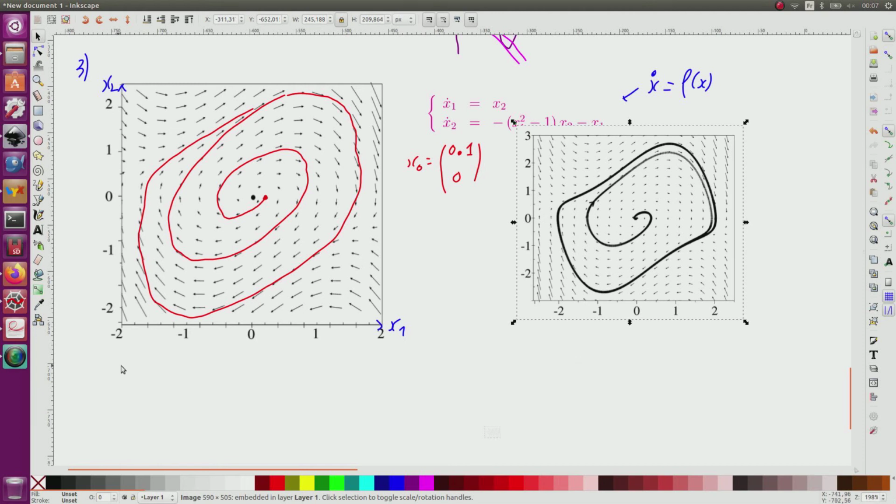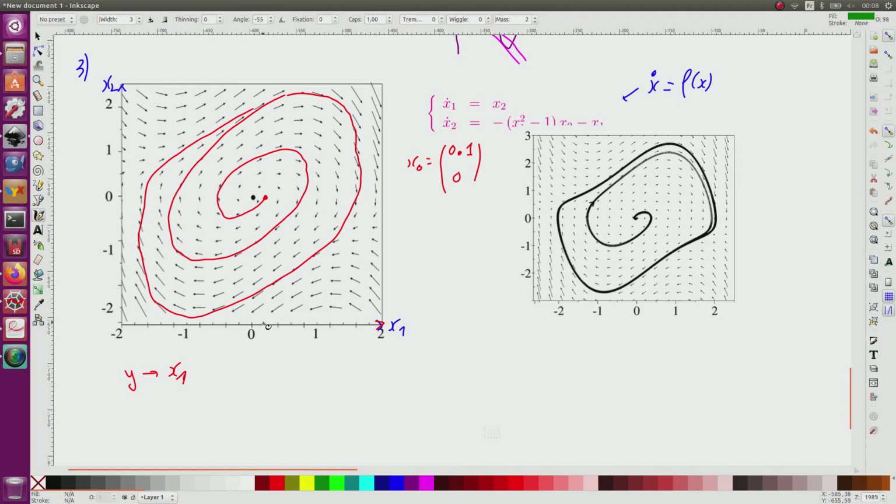Y corresponds in the exercise to x1. So if I'm now interested in only x1, I can see that if I follow this with respect to time, at time t equal to 0, I'm here, and I will move left like this. Once I'm here, I will move right and left, so now I'm here, left and right and so on. So I will do something like this.